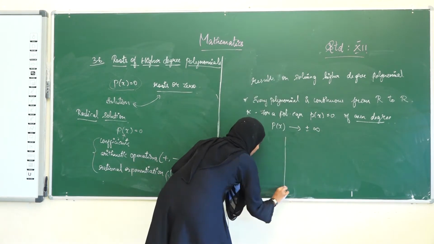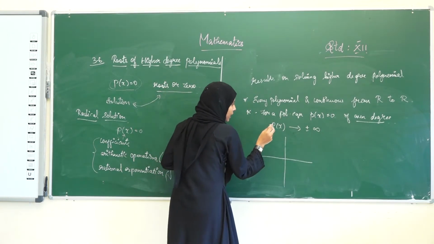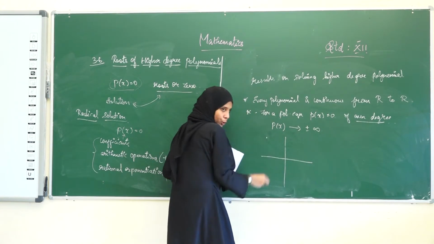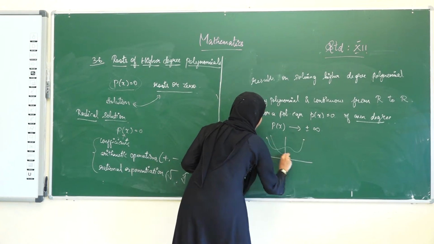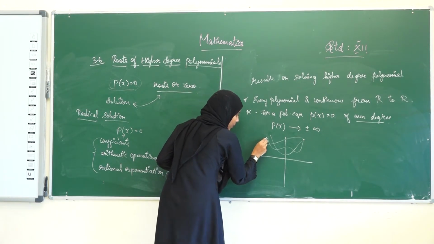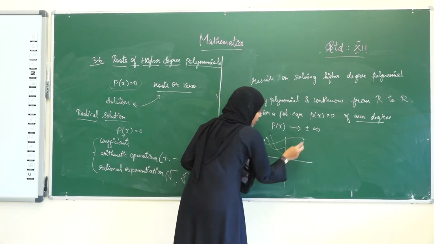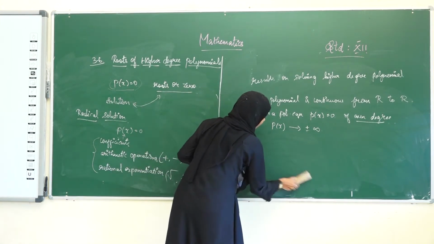That is, when we draw the polynomial in a graph, the starting should be in the left top and the ending should be in the right top. This is the next important point they have given.